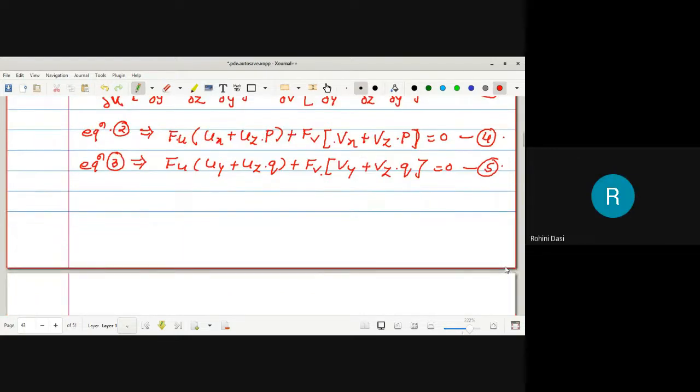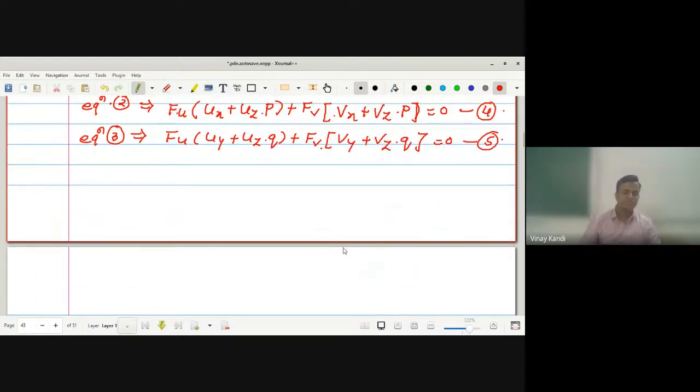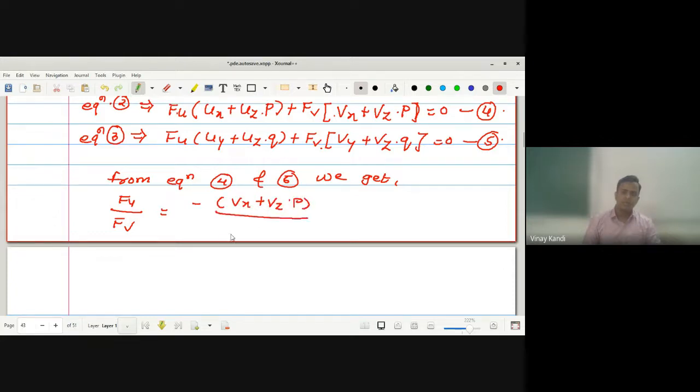No, sir. From equations 4 and 5, we get fu upon fv is equal to, from equation 4, minus vx plus vz into p upon ux plus uz into p.